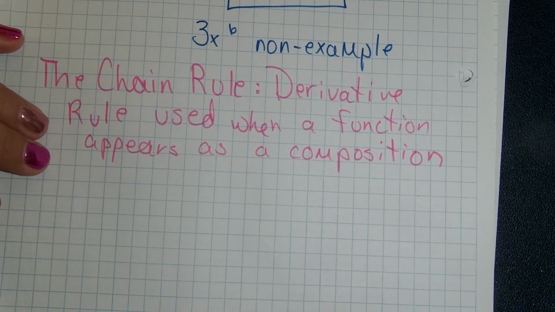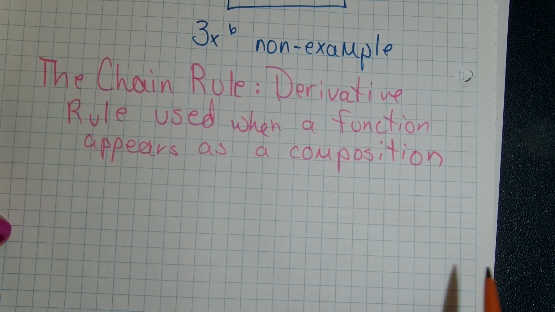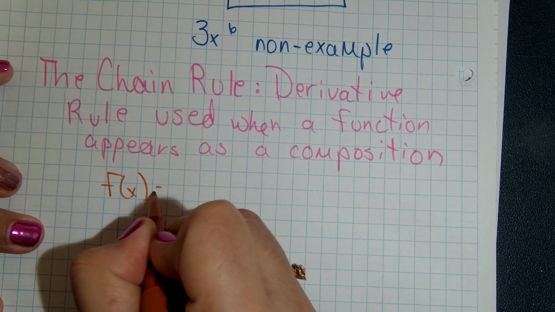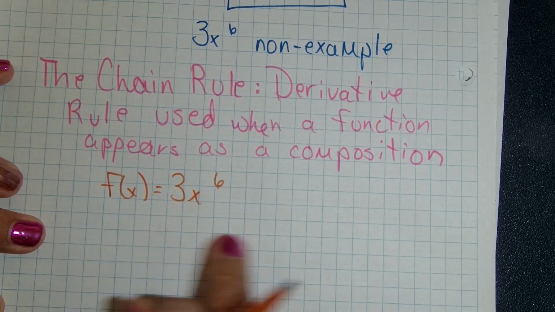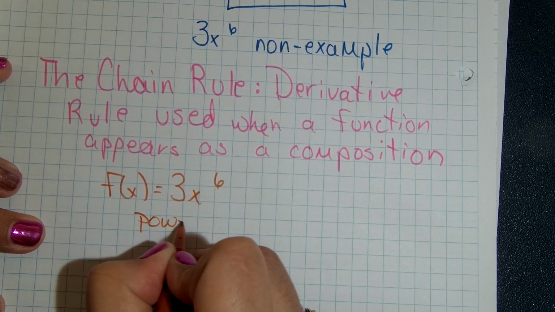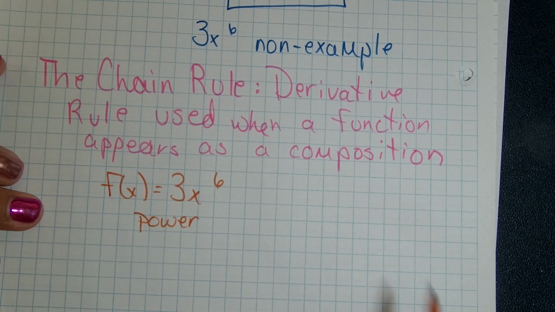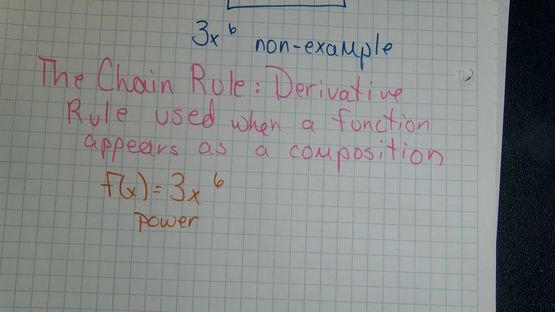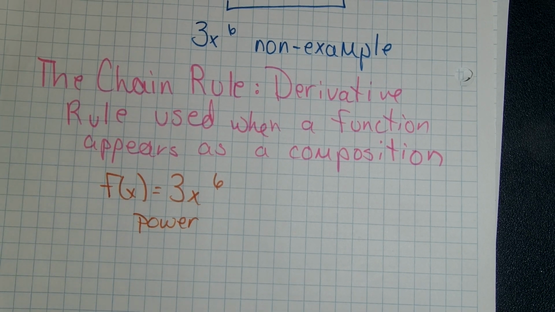I'll give you the formula in a second, along with the steps, but I want to show you. If I have f of x is equal to 3x to the 6th, I can just use the power rule. I can multiply and subtract to get the derivative, like we have been doing the last 2 weeks.